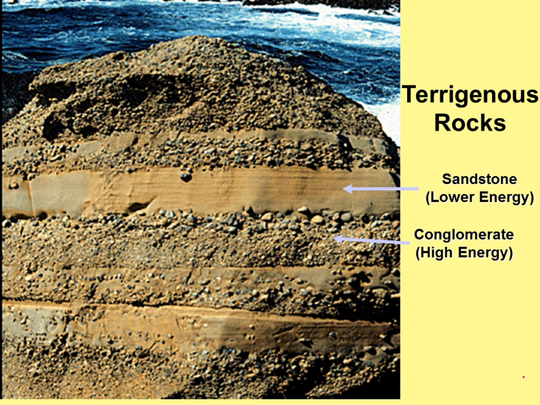Okay, so they could be minerals, but what else could they be? Other rocks, fragments of pre-existing rock. So typically, the definition of a sedimentary rock is an accumulation of particles of pre-existing rock that are bound together.